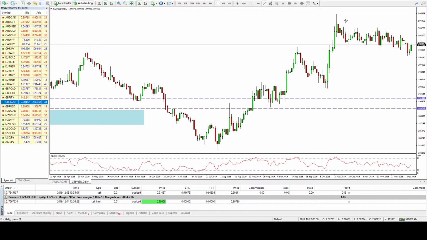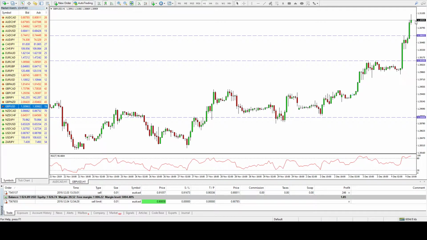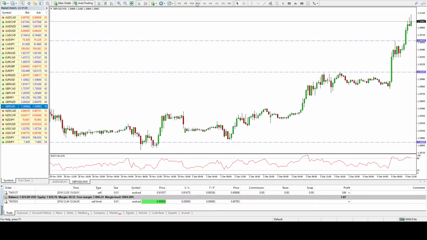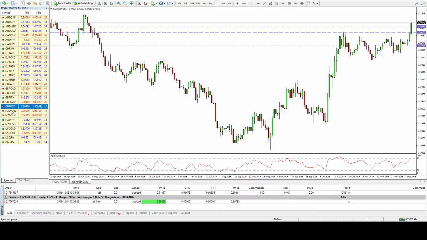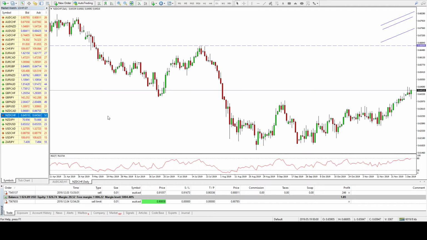This is Pound New Zealand. Pound dollar, I just got out of this pair somewhere here. New Zealand cat. Okay, New Zealand franc.